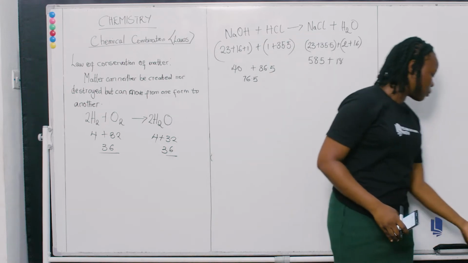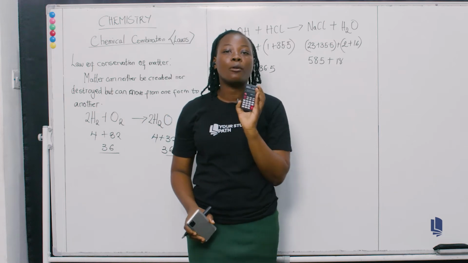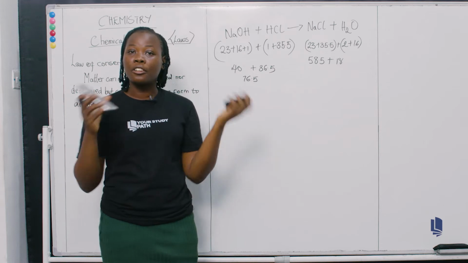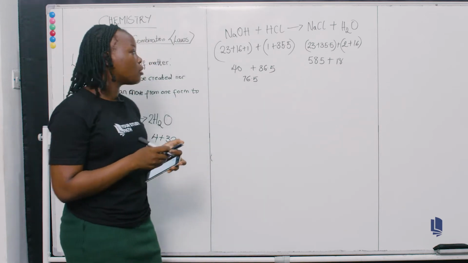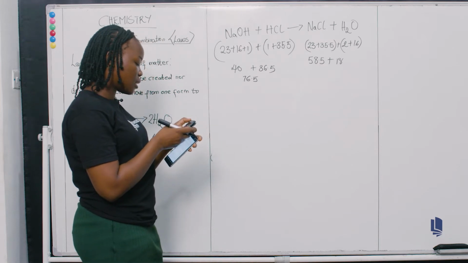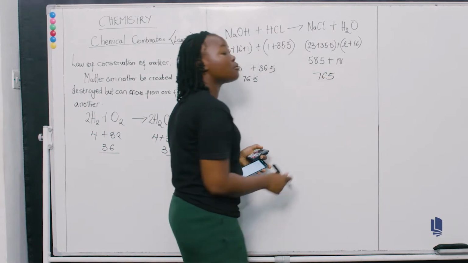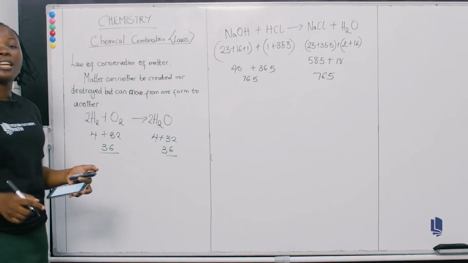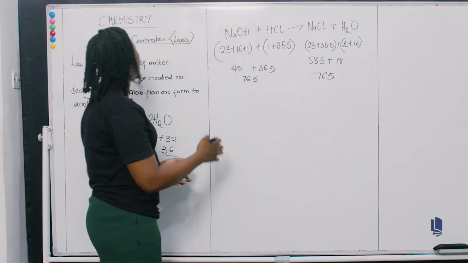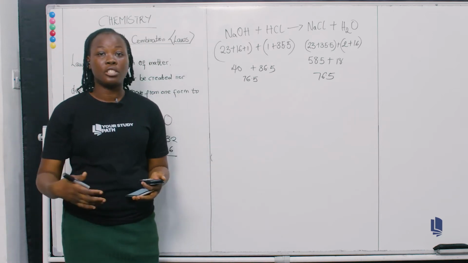I bought this type of calculator because I know this is the basic calculator you'll be allowed to use, so we'll be doing all our calculations using this calculator and not the regular scientific calculator. So that's 58.5 plus 18, that's 76.5. So this verifies the law that says that matter can neither be created nor destroyed, but can move from one form to another. In the case of a chemical reaction, that means the mass of the reactants must be equal to the mass of the products.